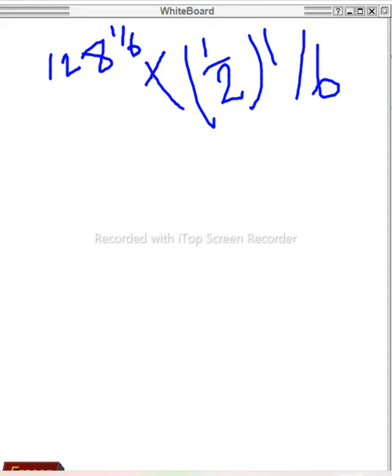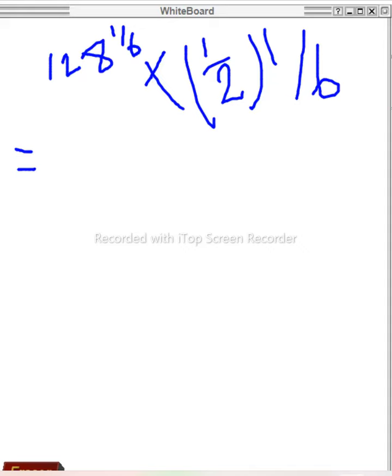Since 1 over 2 and 128 have the same exponent 1 over 6, we take the exponent for each, so we can write this equation.